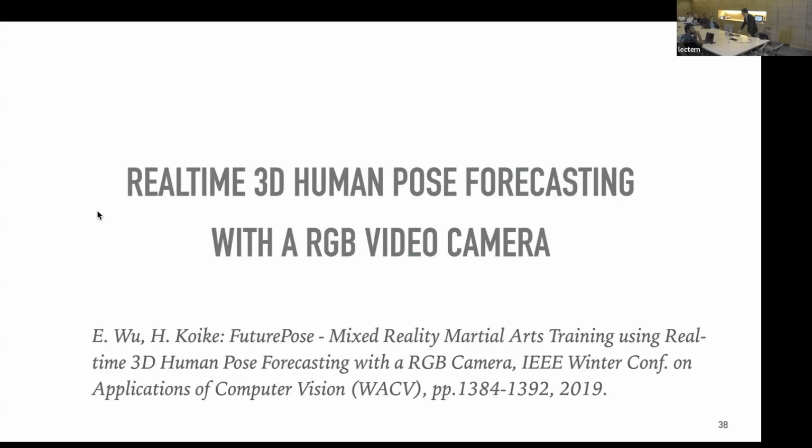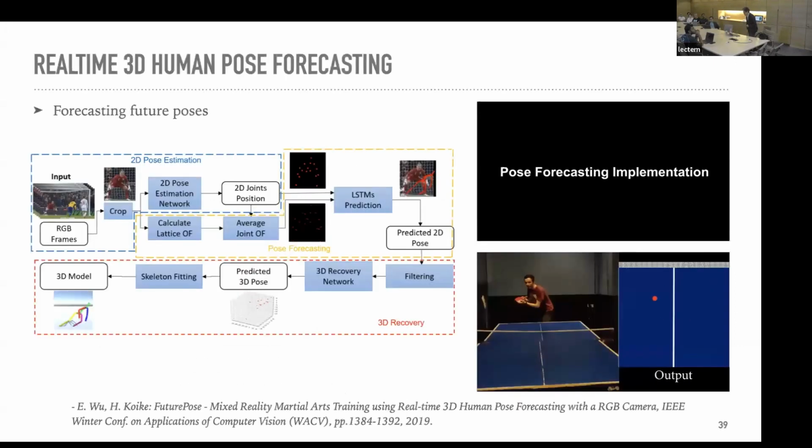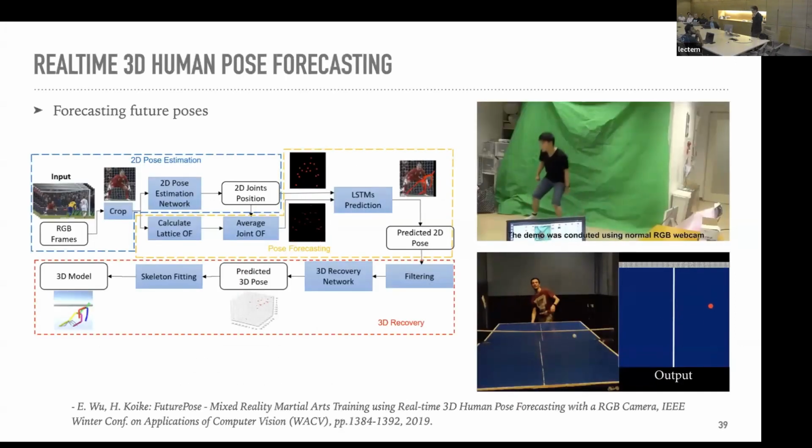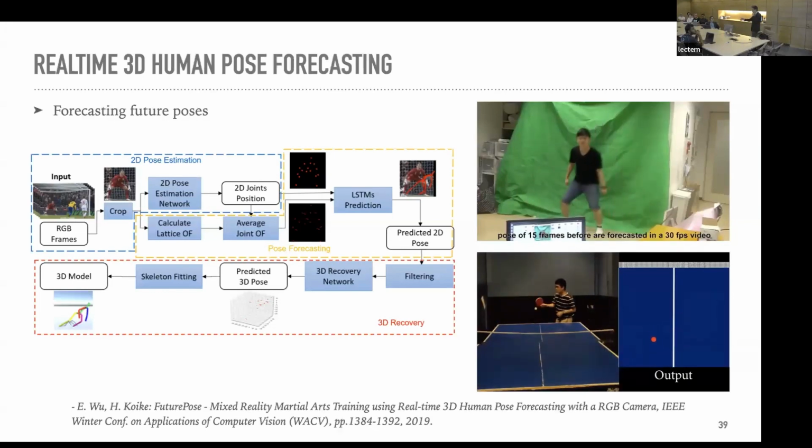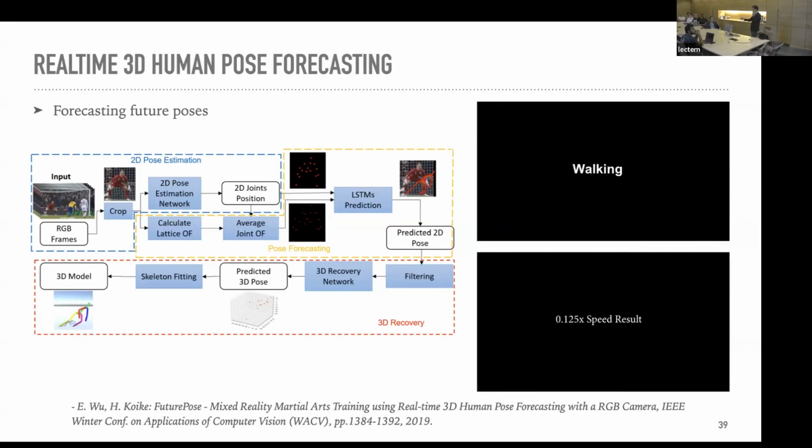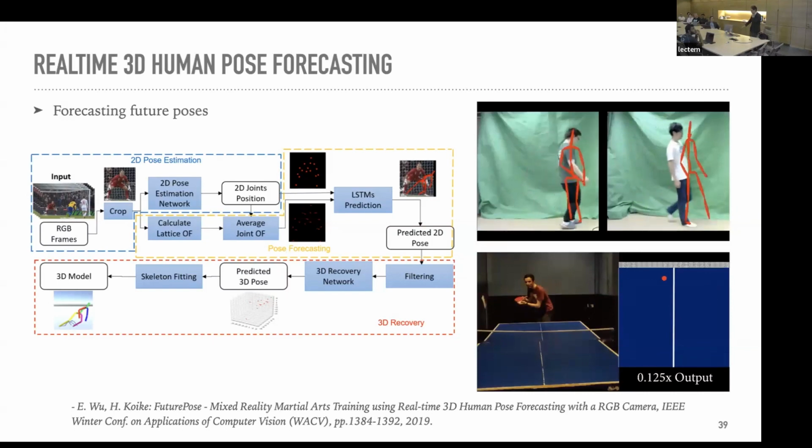Okay. The next one is real-time 3D human pose forecasting with RGB video cameras, which was presented at augmented human conferences. The demonstration was conducted using a normal RGB webcam, while poses 15 frames before are forecasted in a 30 fps video. We forecast the user's poses by using deep neural networks.